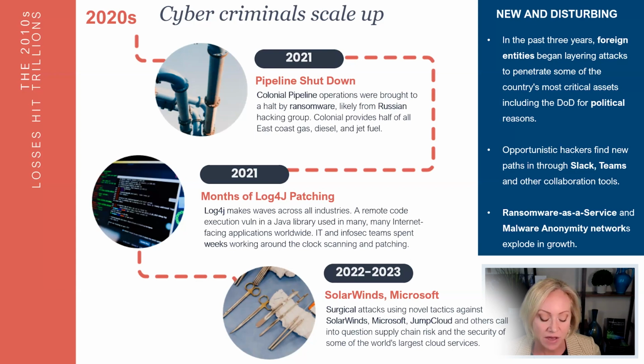And then we also have an explosion of these malware anonymity networks growing, so that basically that's obscuring what these attackers are doing. So it's not attacking the systems that they're on, but it's using those systems to obscure and spread other malware throughout the networks.